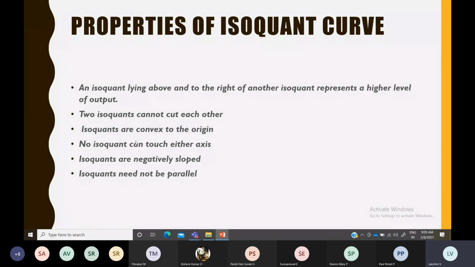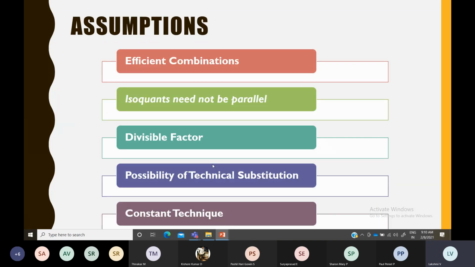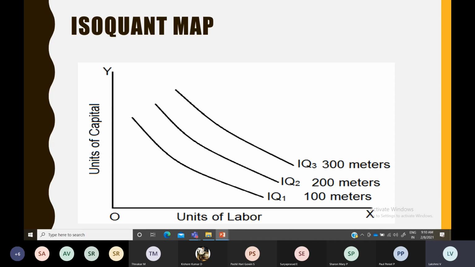It will not touch either the x-axis or the y-axis. It will not intersect also. Okay, it is always negatively sloped. The properties of the isoquant curve are that it will neither touch the x-axis nor the y-axis, and it will not intersect each other.